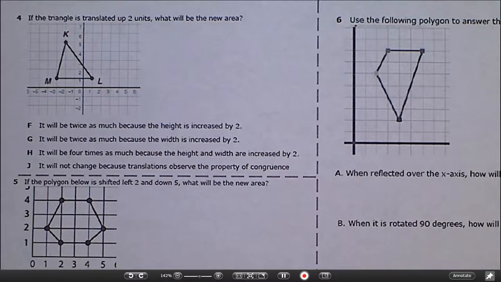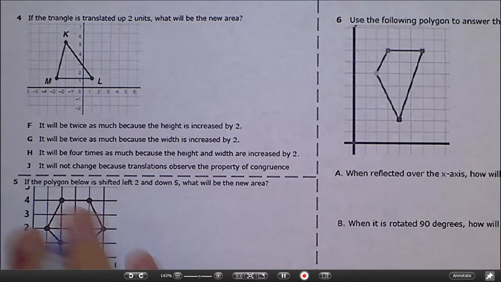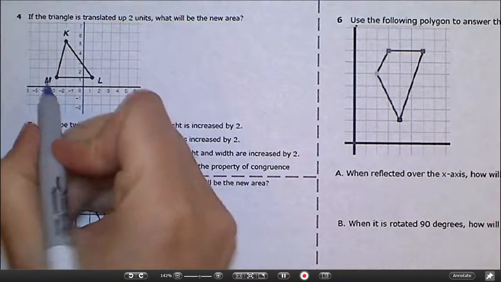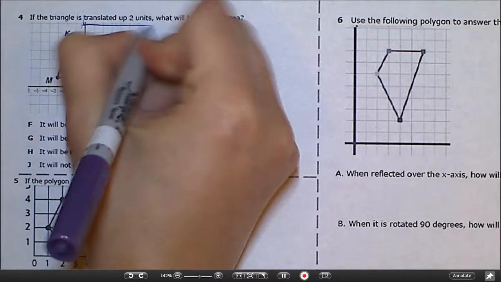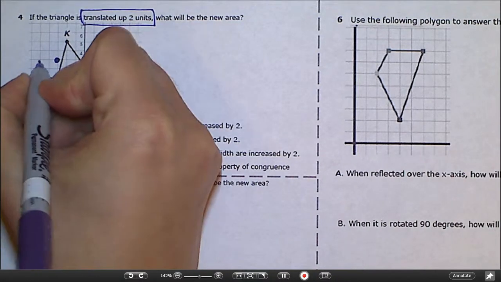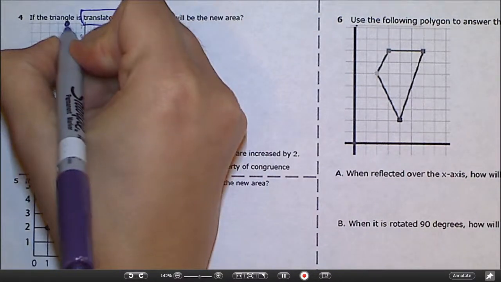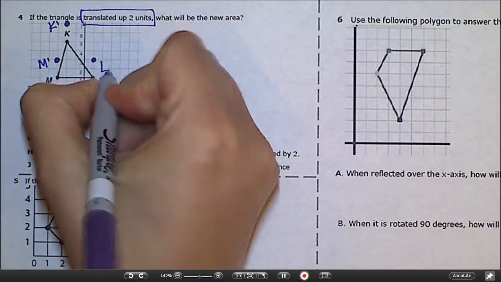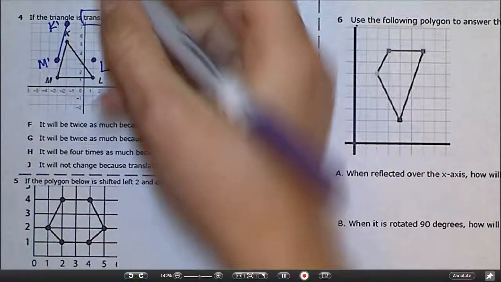Okay, number 4 says, if the triangle is translated up 2 units, what will be the new area? So we're going to stop here for just a second before we even look at these answer choices. Let's think about this. If I translate it 2 units up, that means that this is M prime, this is K prime, and this is L prime. So we connect those.